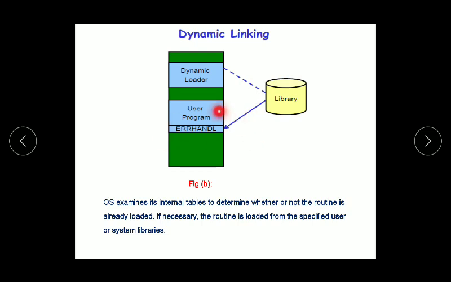If it is already loaded, then the OS will make use of the error handler which is already loaded, cache concept. If necessary, the routine is loaded from the specified user or the system libraries. Now, the dynamic loader will search the library for error handler and load it for the user program.